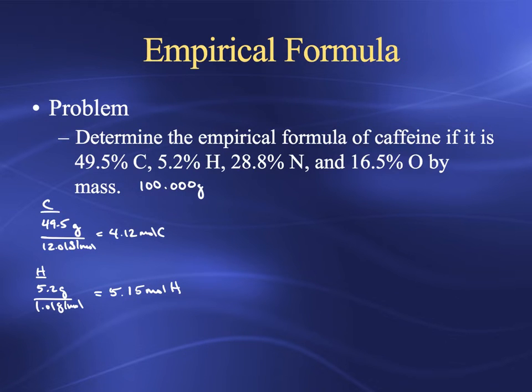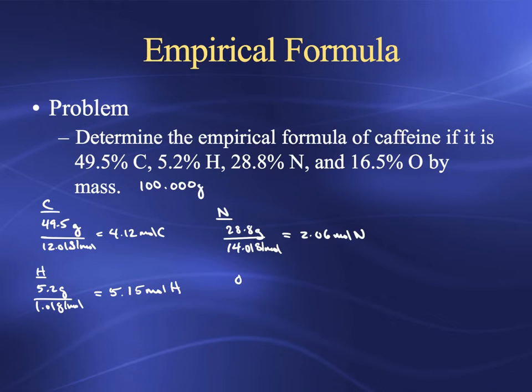All right, and we'll go over to nitrogen. We've got 28.8 grams of it now, divided by its molar mass, 14.01. That's from your periodic table. That's where I'm pulling that number from. 28.8 divided by 14.01. It's going to be close to 2. And we've got 2.06 moles of nitrogen.